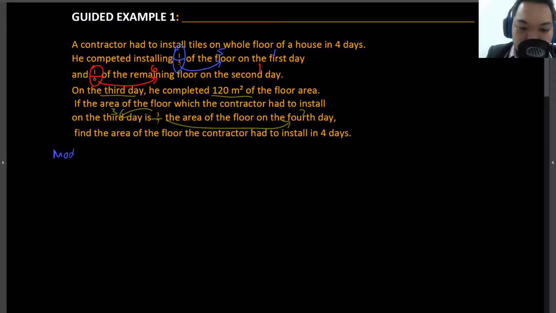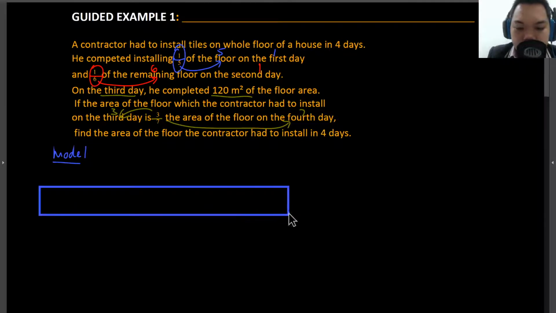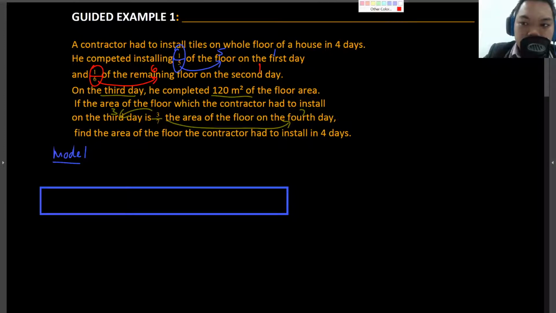To do this by model, we can draw one long bar and cut it into 5 equal portions, like so.